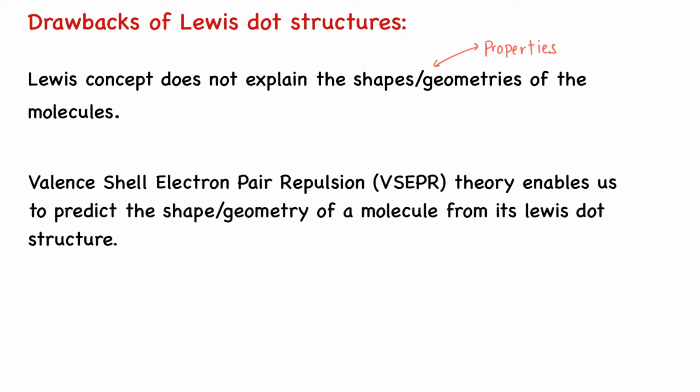The valence shell electron pair repulsion theory, in short, VSEPR theory, does precisely that. The VSEPR theory enables us to predict the shape or geometry of a molecule from its Lewis dot structure.